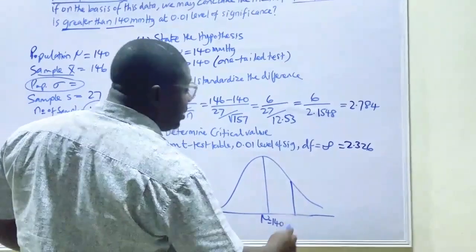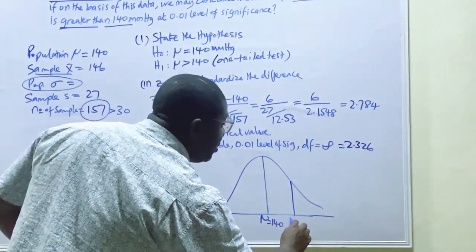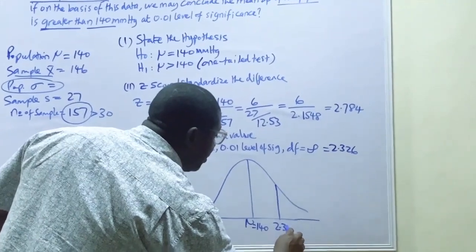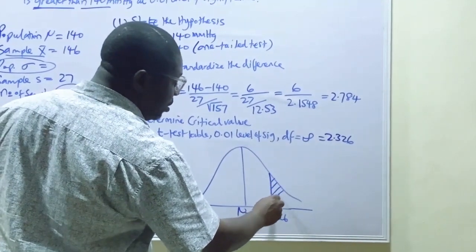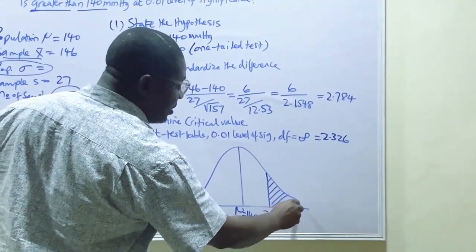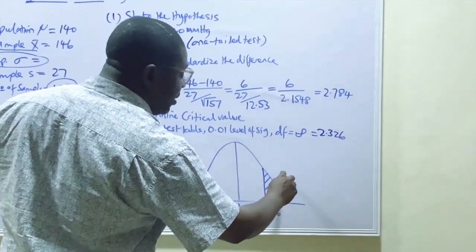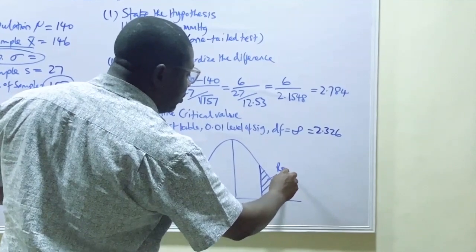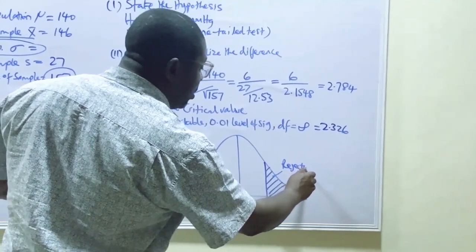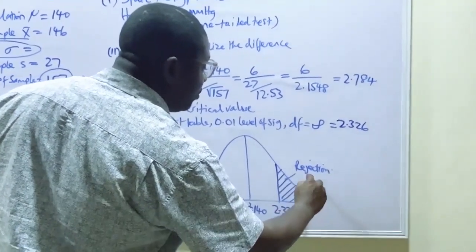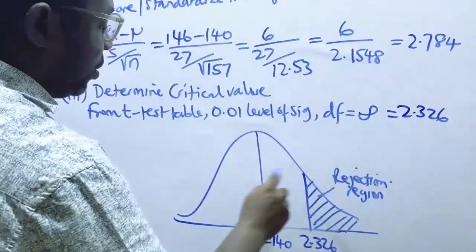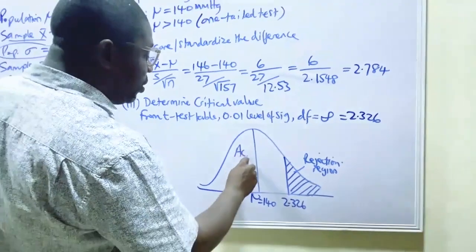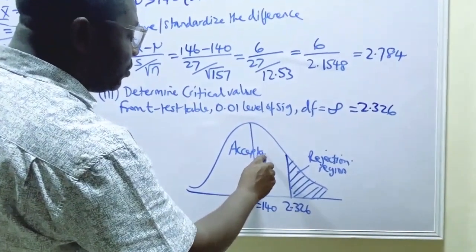So we have this, and our critical value is 2.326. This portion we label as the rejection region. Now this portion is the acceptance region.